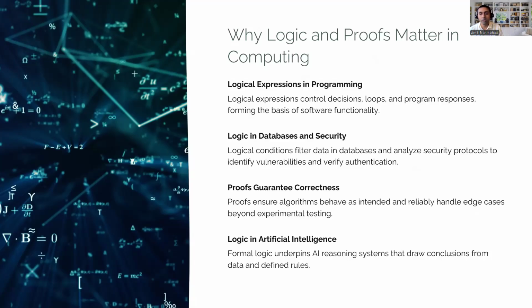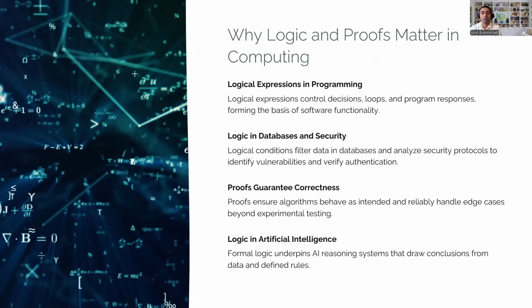In cybersecurity, logical reasoning is used to analyze protocols, verify authentication methods, and identify vulnerabilities. Proofs provide a way to guarantee that systems behave as intended, even in edge cases that are difficult to test experimentally.